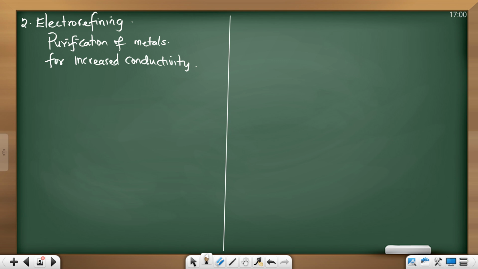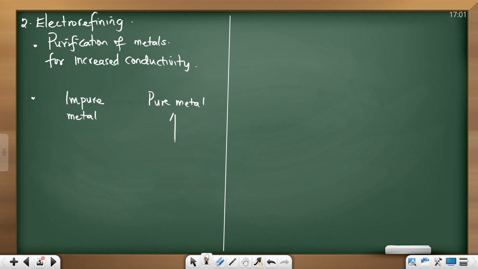Like, for example, your copper wire. If it is having impurities, the conductivity is not going to be 100%. So we make it pure for increased conductivity. Here I'll just say 2 things. The impure metal and the pure metal.